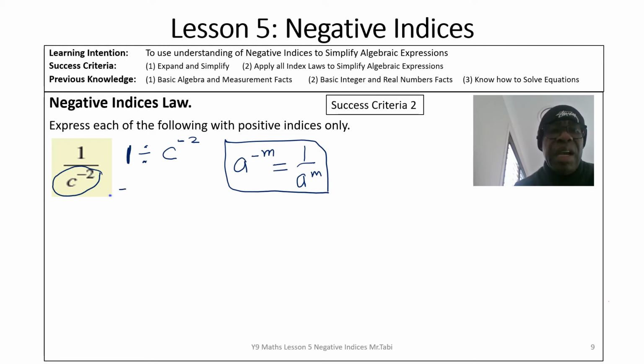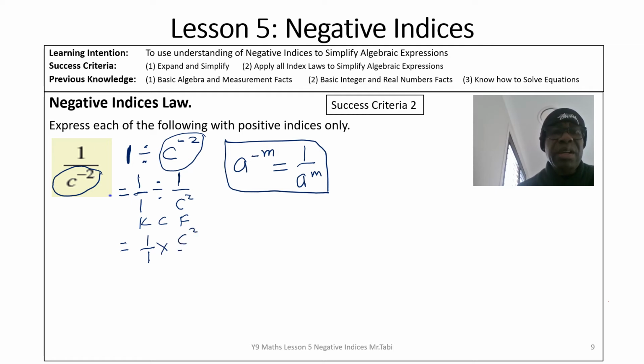So I can write this as, now 1 is simply 1 divided by 1. And I'm dividing this by c to the power of minus 2, which becomes 1 over c squared. Remember, keep, change, flip. So I have 1 over 1 multiplied by c squared over 1.